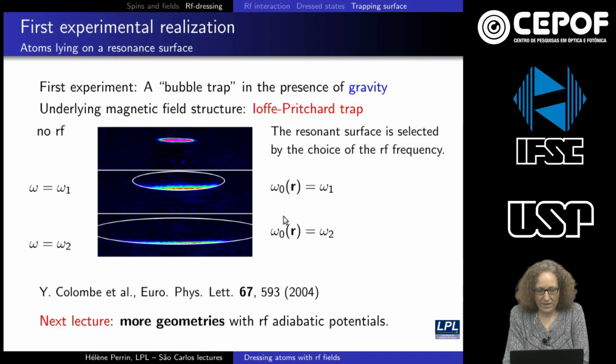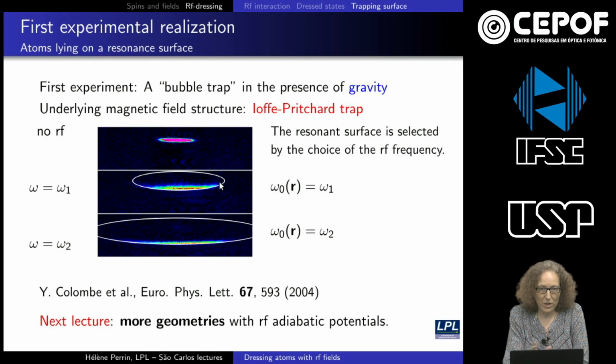The first experimental realization of RF-dressed traps was done about 18 years ago, and it was done using a Ioffe-Pritchard trap. So this is a picture of the atoms initially in the Ioffe-Pritchard trap. And then 2 pictures where the radio frequency corresponds to some first value, where the atoms have to lie on the isomagnetic surface corresponding to a Larmor frequency equal to this first value.